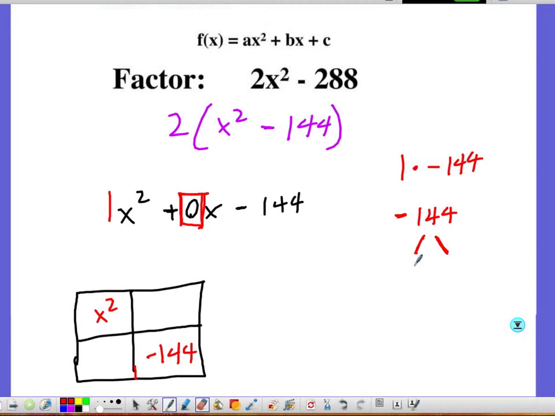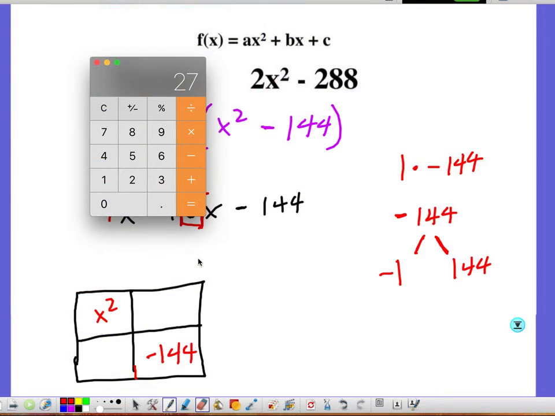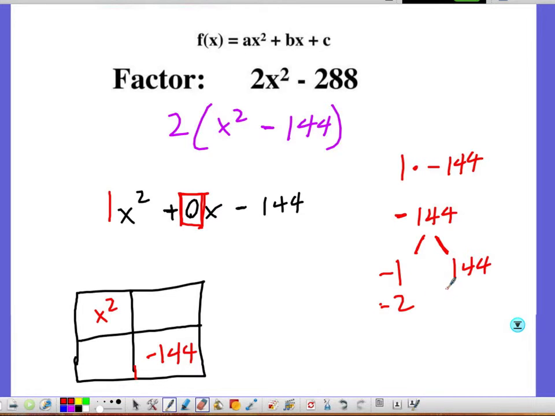Alright, so let's go ahead and begin. Well, the obvious first one is going to be negative 1 times 144. And then we probably have to use our calculators to do the rest. So we can take 144 divided by 2. So it's going to be negative 2 and 72.